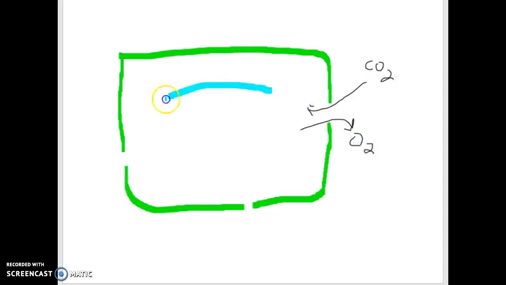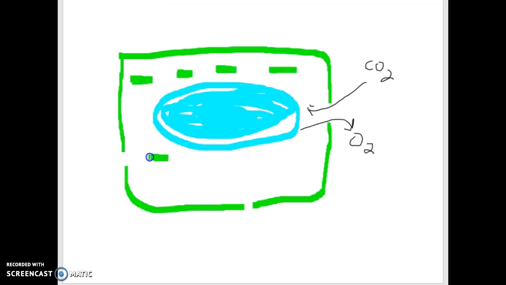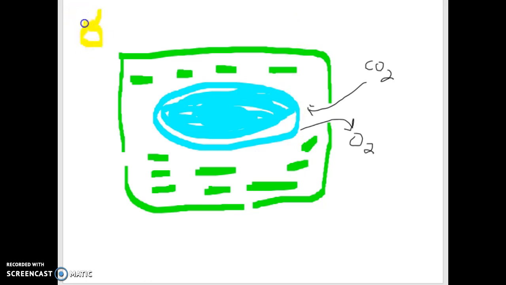And if the plant's happy and healthy, nice big bag of water, that's the thing we call a central vacuole. And remember, it's going to have all these little green discs called chloroplasts scattered throughout the cell, and life's good for the plant. Now, when it's hot and dry, here's our sun. Yeah, that's not really a good sun, but that's supposed to be the sun. Okay, hot and dry.